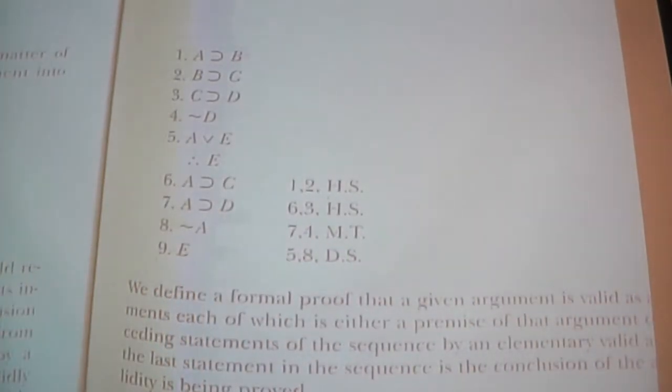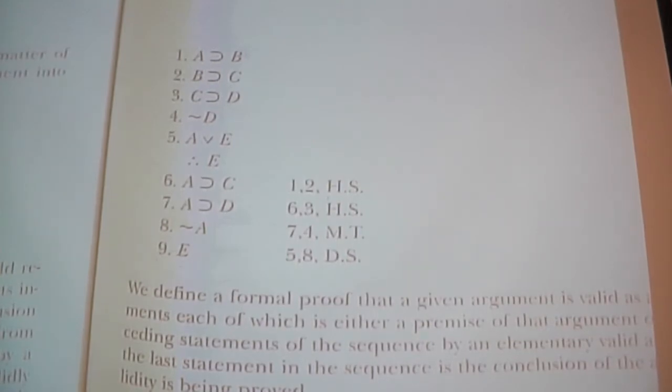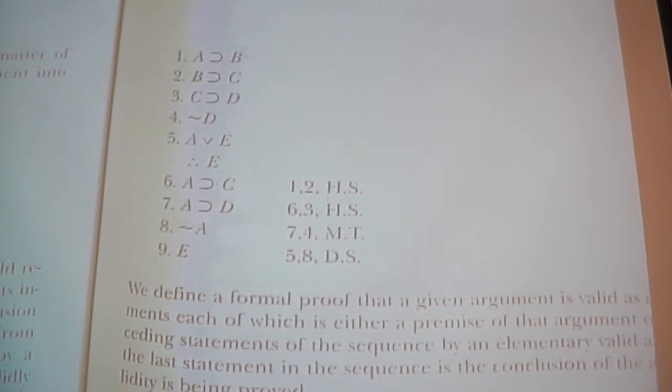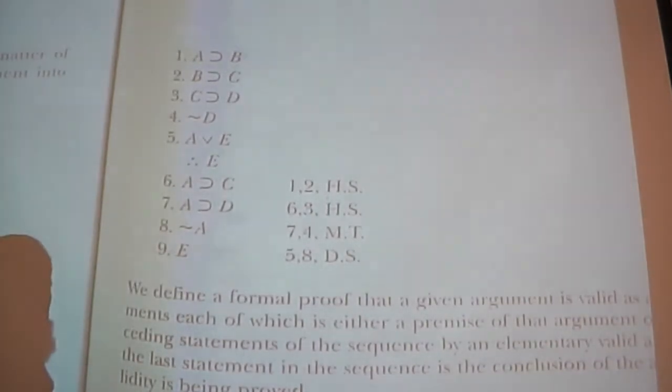This is an example of our proof procedure. It's been translated from English, apparently, presented vertically like we do for this procedure. We number the premises.